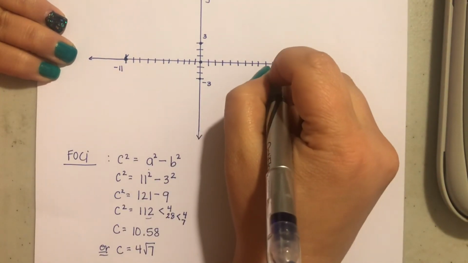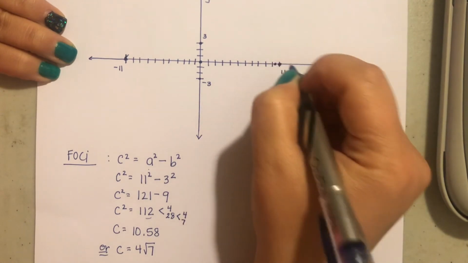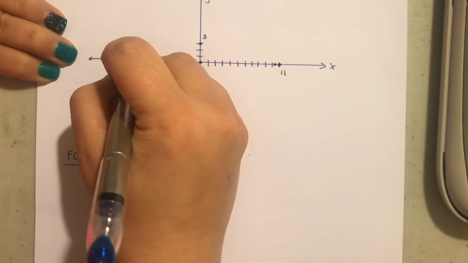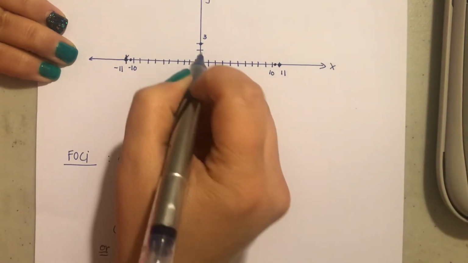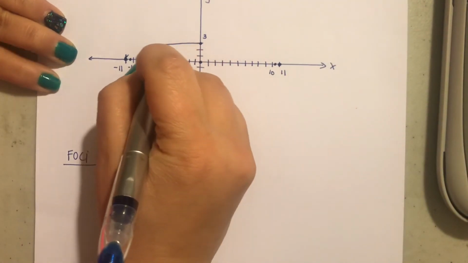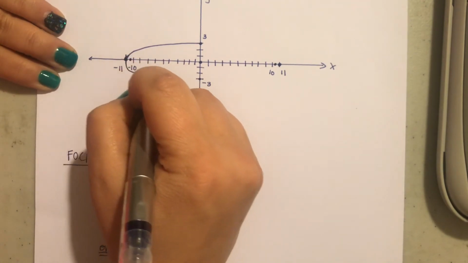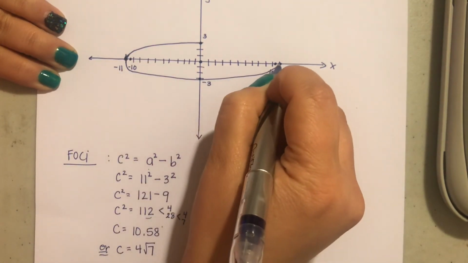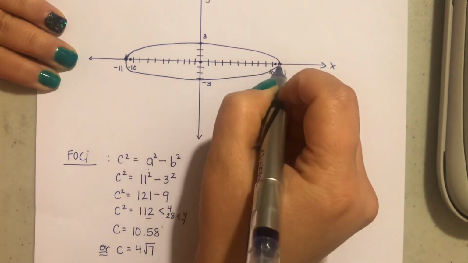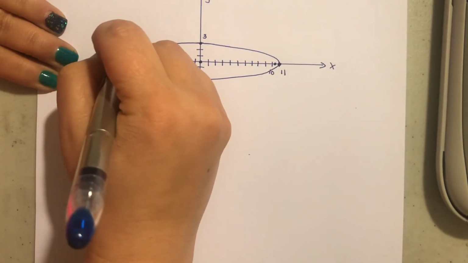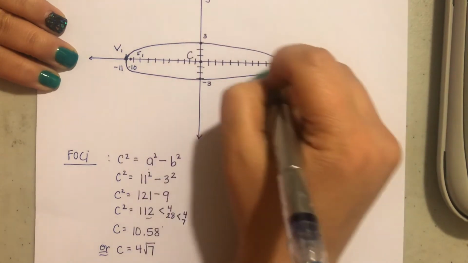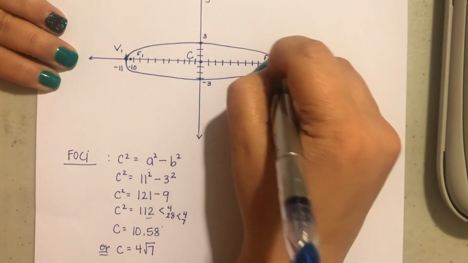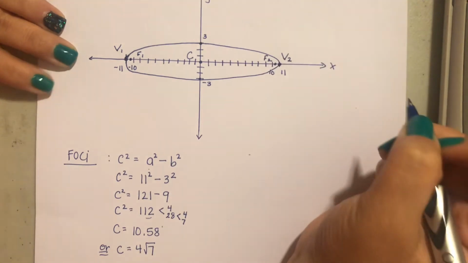So 10.58 is really close to the two vertices we've got, right? -11 and 11. So we can connect this, making sure we go through the vertices. So this would be vertex 1, focus 1, center, focus 2, and vertex 2.